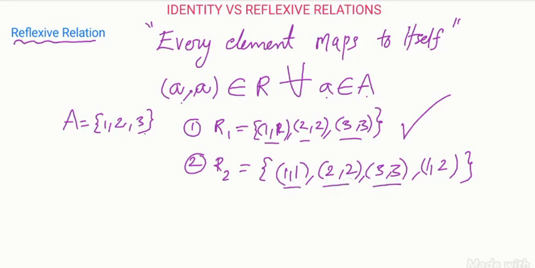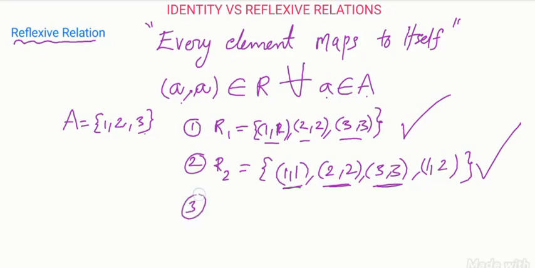Yes, we have them in relation R2, so it is also reflexive. No need to check for other elements. It may contain any number of extra elements. In identity relation there is no other element; it should not contain any other elements. But in reflexive, it may contain. Only see whether (1,1), (2,2), (3,3) are there or not.